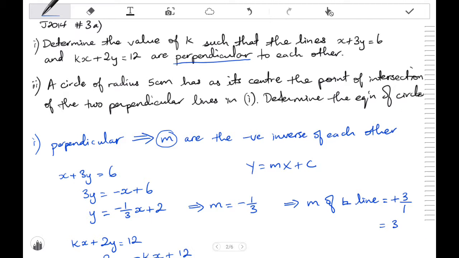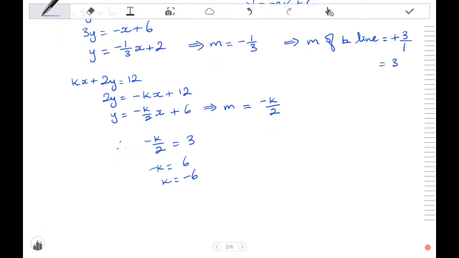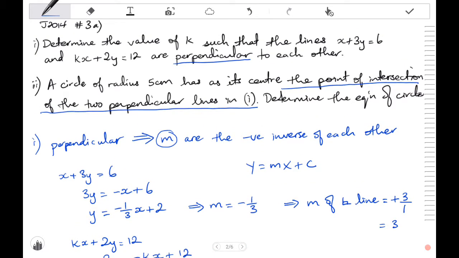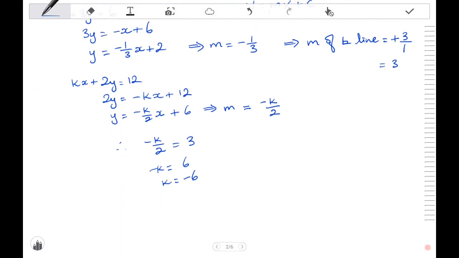But I want you to notice that the center of this circle is the point of intersection of the two perpendicular lines from part 1. So the reason I left this question is for us to find that point of intersection. Just as practice, we said before, to find the point of intersection, we just solve simultaneously the equations of the two lines. So let's rewrite the equations of the two lines.